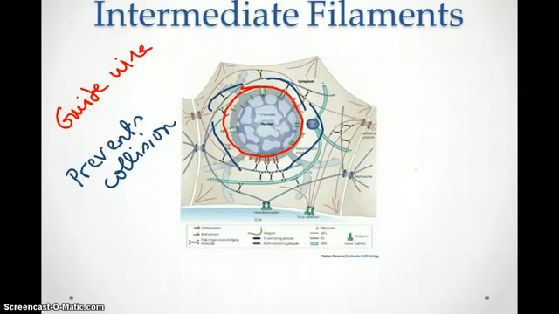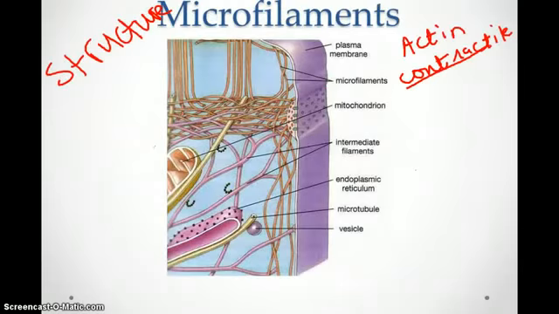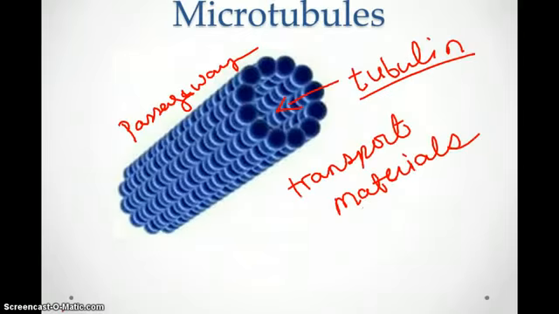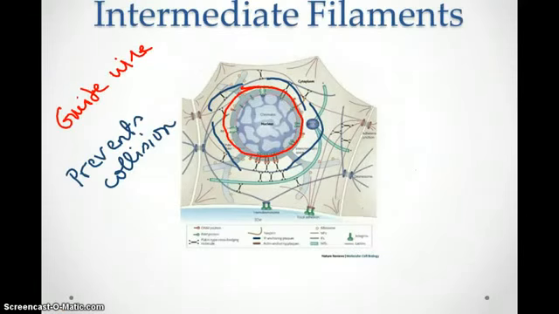So those are the three parts of the cytoskeleton. The microfilaments, which give structure to the cell, the microtubules, which serve as passageways in the cell, and intermediate filaments which guide the organelles within the cell.